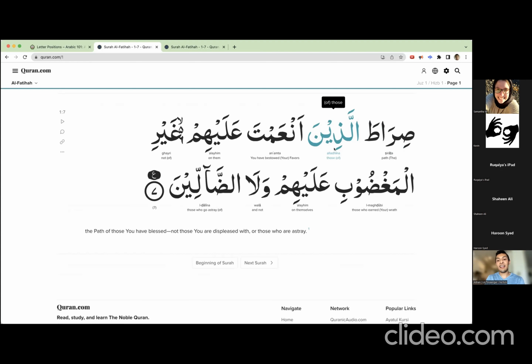Alladhi, with a line on it, ya, and the noon, alladhina. And alladhina is like a relative pronoun. It means "of those". So sirat alladhina, the path of those.